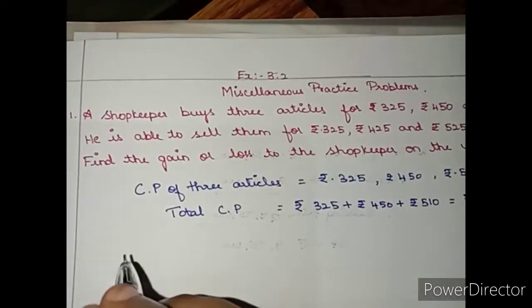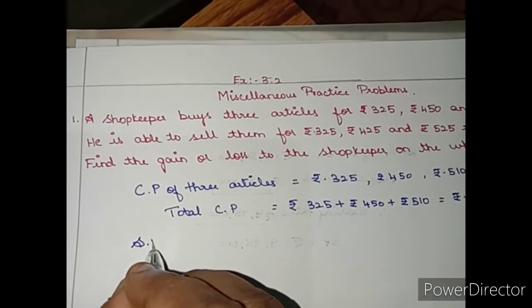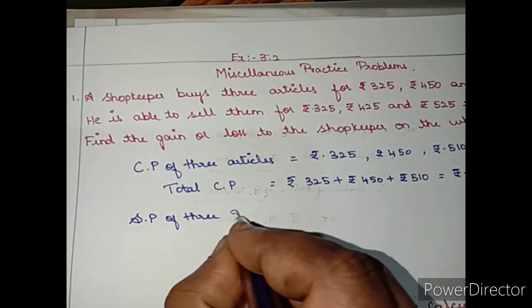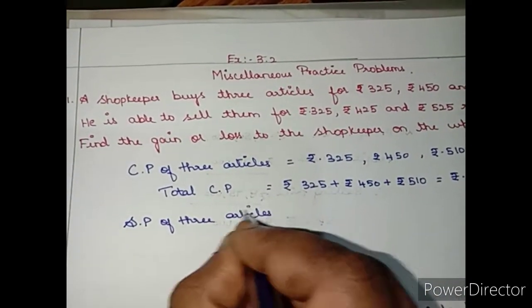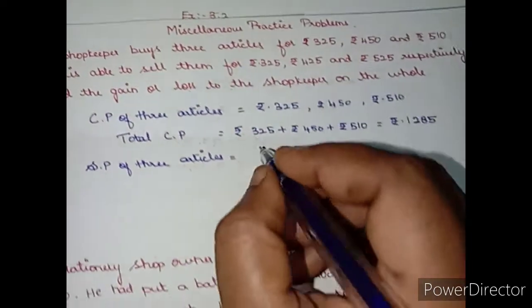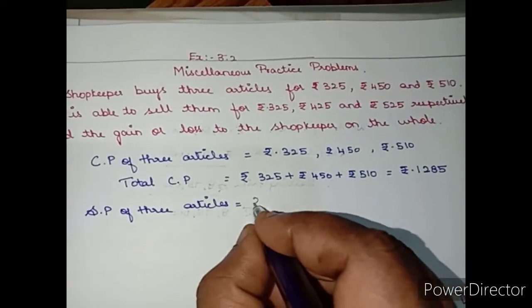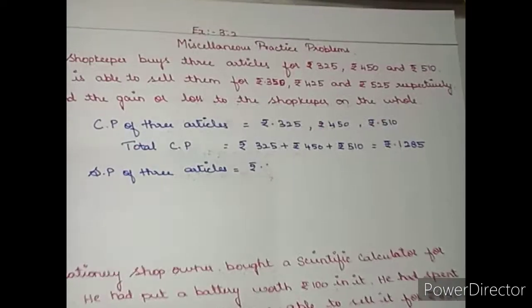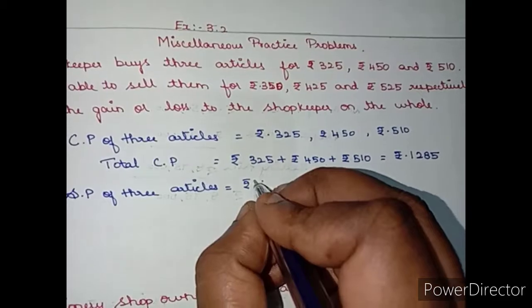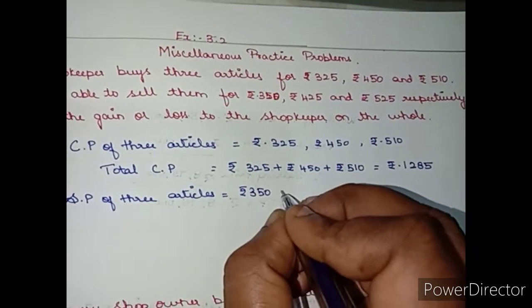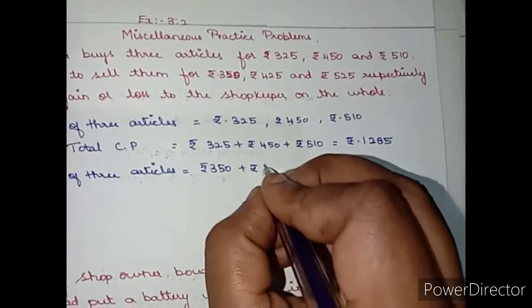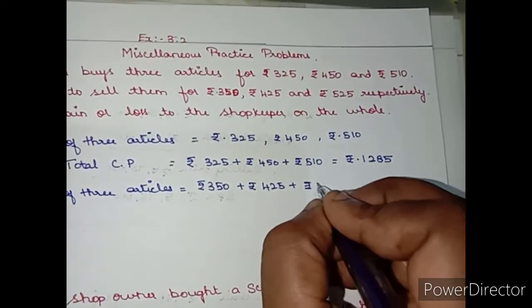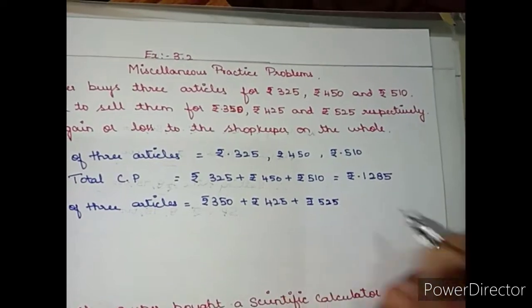Now we'll find the SP. So selling price, SP of 3 articles. We'll find the total. So again rupees 350 plus rupees 425 plus rupees 525.